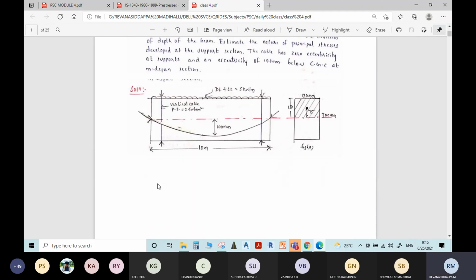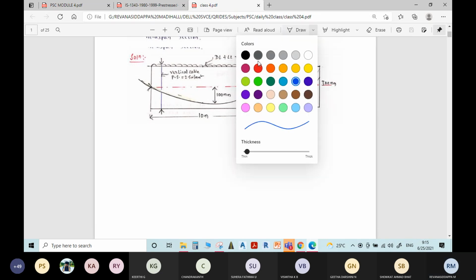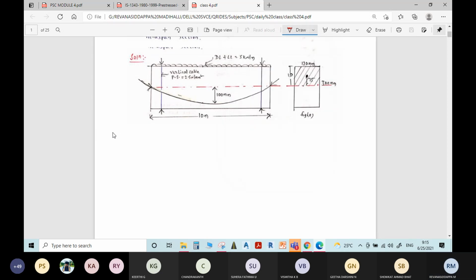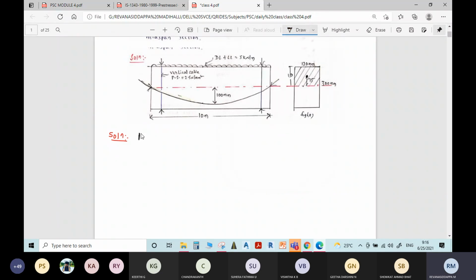So the total load is given. By this you calculate that factored load. Solution. Factored load is equal to, see, sometimes this factored load will be calculated, sometimes for the given load only the problem will be solved.